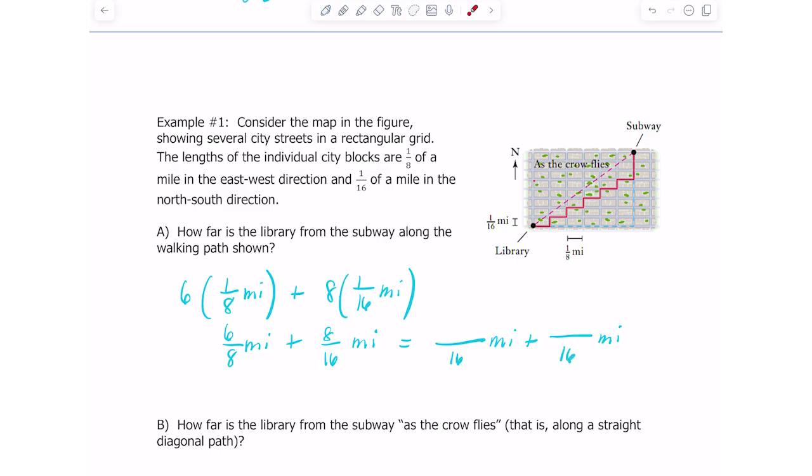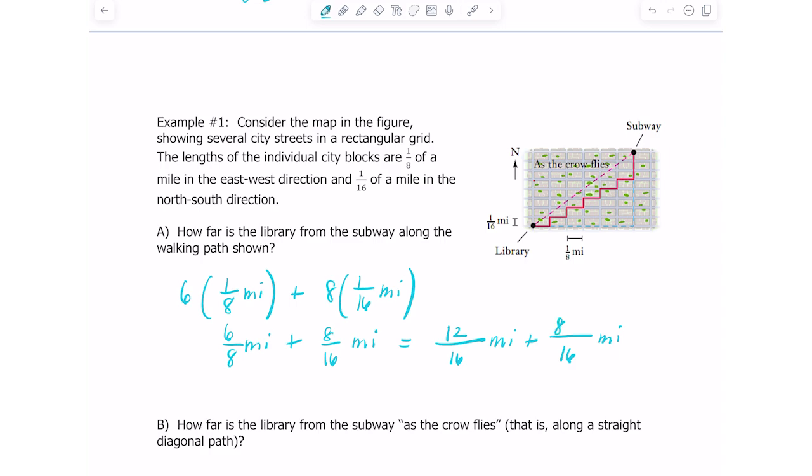So how many 8s go into 16? 2. So that means I need to multiply this top number, the numerator, by 2. 6 times 2 is 12. Okay, 12/16 is equivalent to 6/8. And then since this denominator is already 16, I don't need to change anything. It's just going to stay an 8.